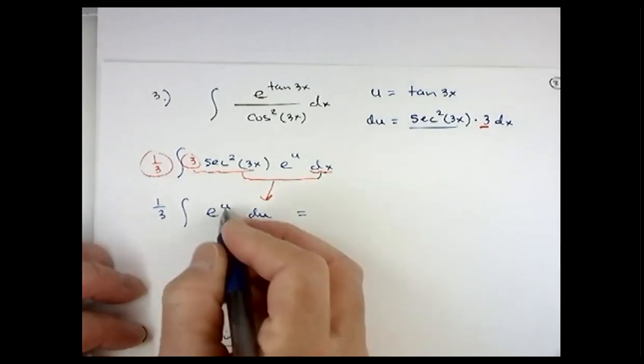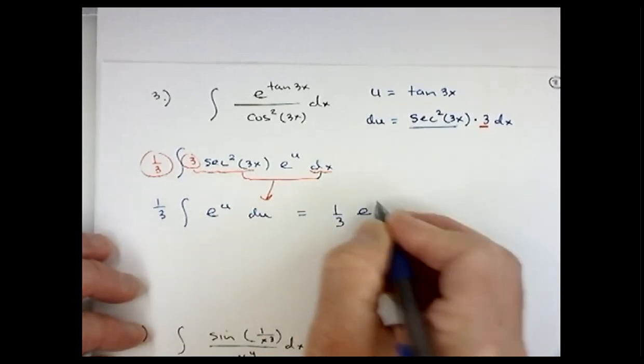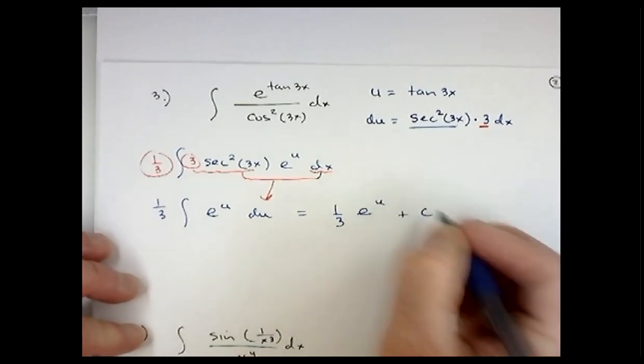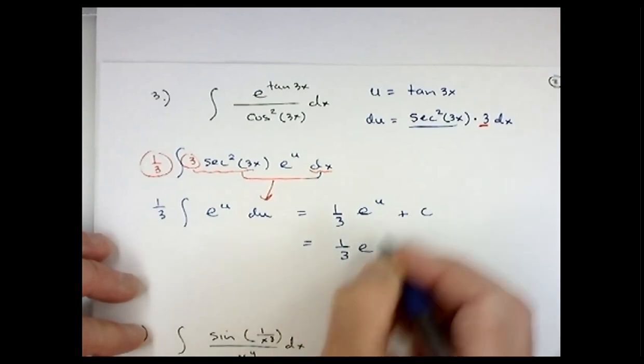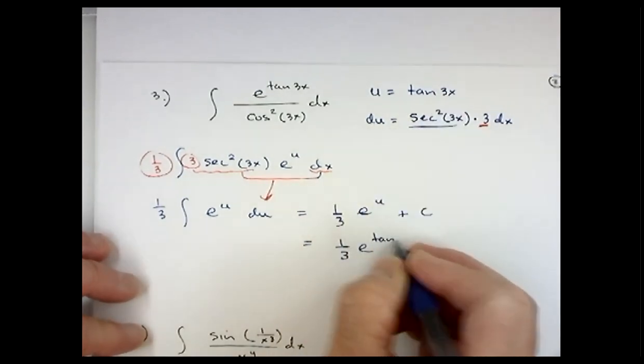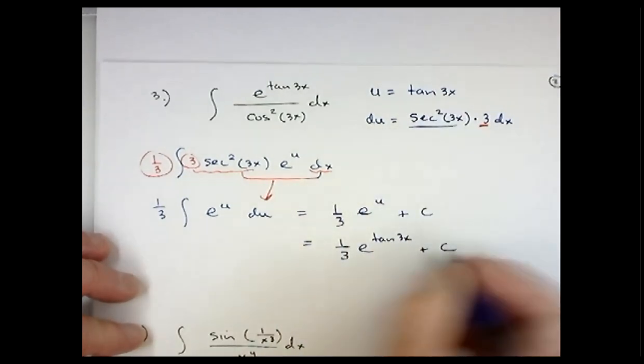And my antiderivative of e to the u is e to the u. So this would be 1/3 e to the tan 3x plus a constant.